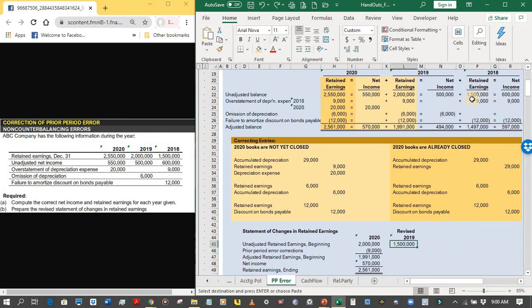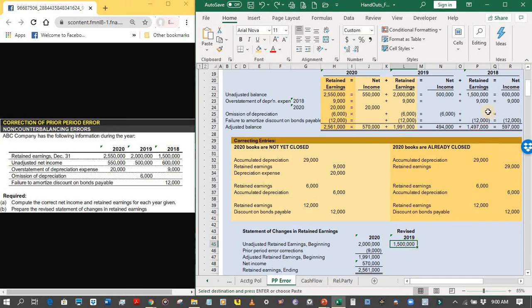So the 1.5 million pesos is the unadjusted retained earnings at the end of 2018. And since this is the ending balance of 2018, this is the beginning balance in 2019. So the adjusted balance of the retained earnings at the start of 2019 is 1,497,000 pesos.